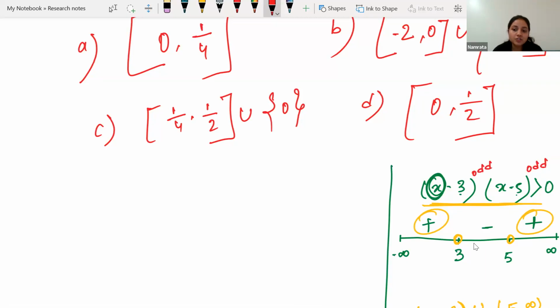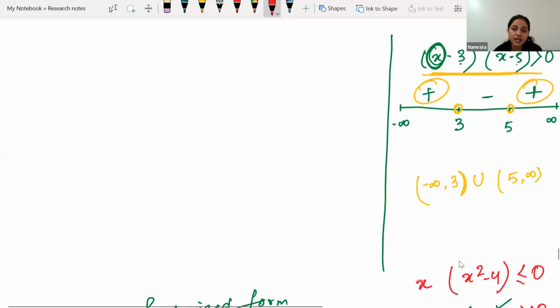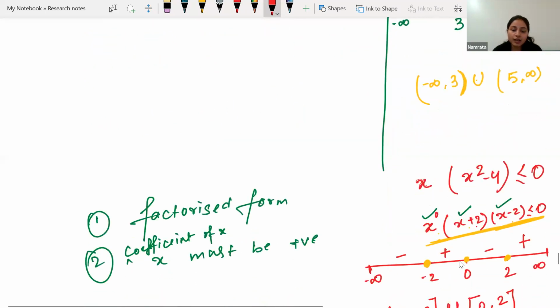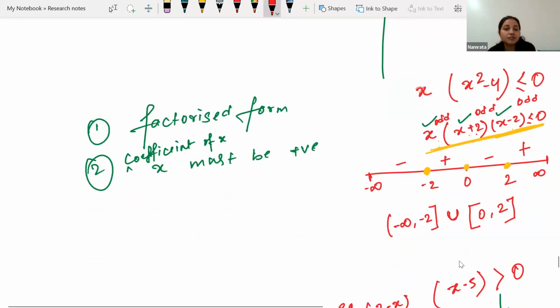That's why whenever we have jumped, we have changed the sign. Again jumped, again changed the sign. Here also we were having odd power, odd power, odd power. When we have a critical point that came from odd power factorized form, then we will change the sign. And if it came from the even power, we will not change the sign. Whenever we are jumping to the other interval, we will always start from the right hand side.